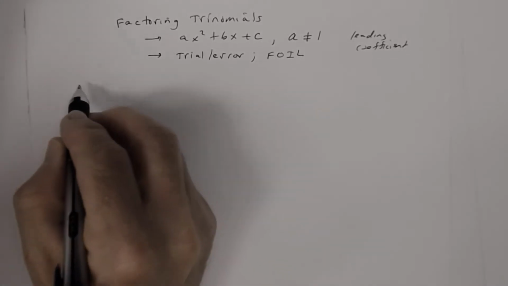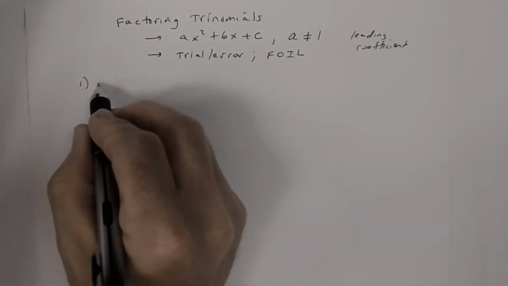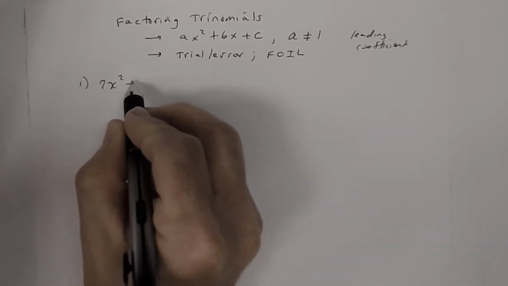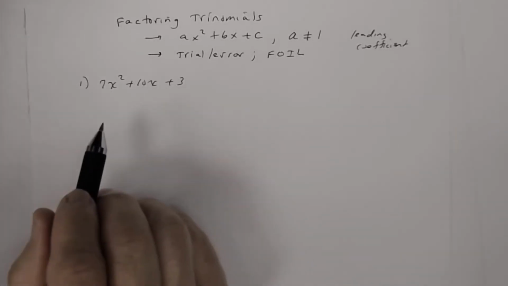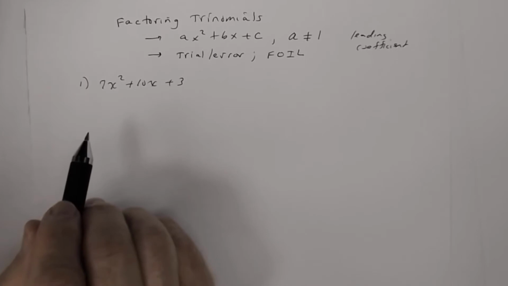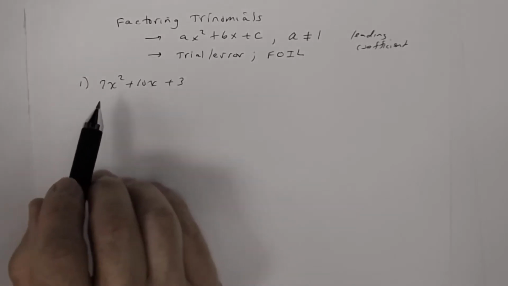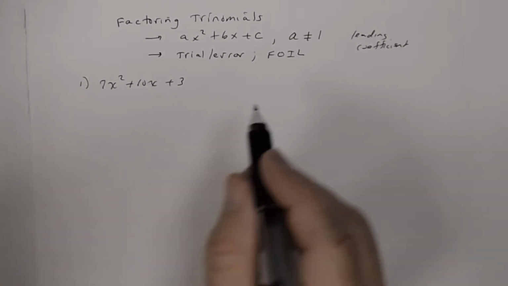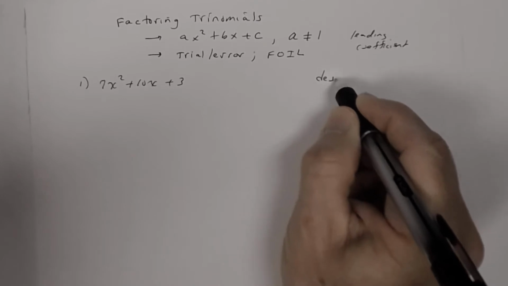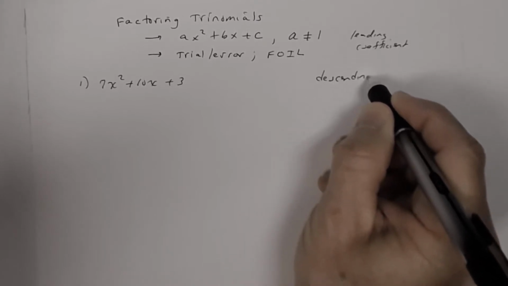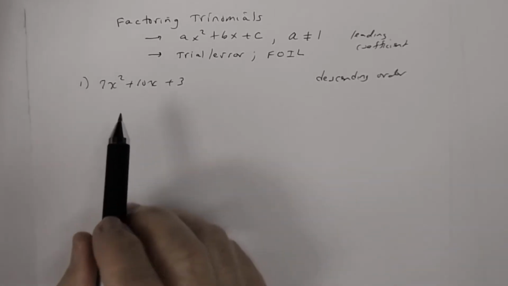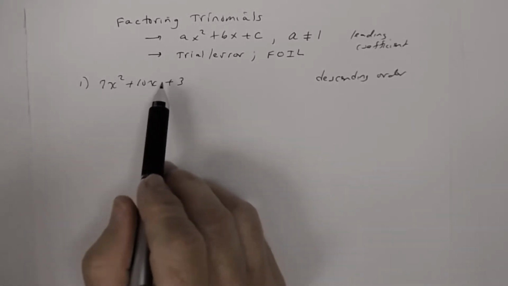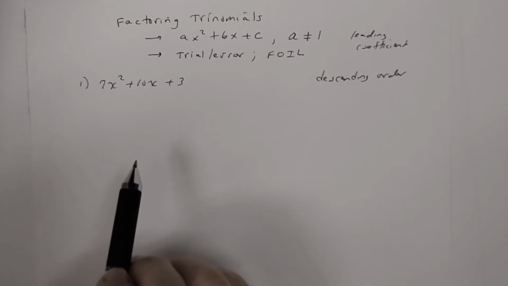Okay, so let's look at this example. Number 1. So we want to factor 7x squared plus 10x plus 3. It usually helps if you write your polynomial in descending order. What that means is that the largest exponent is listed first, and then your constant is listed last.